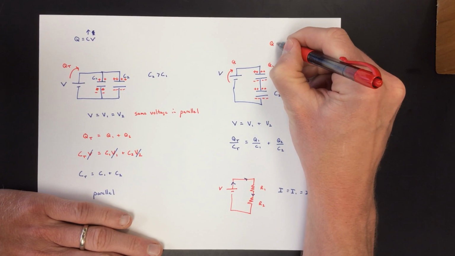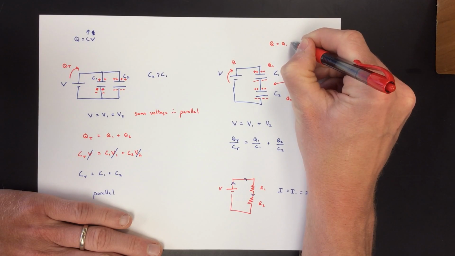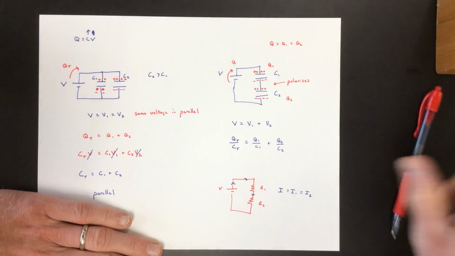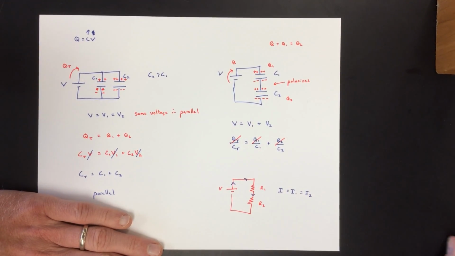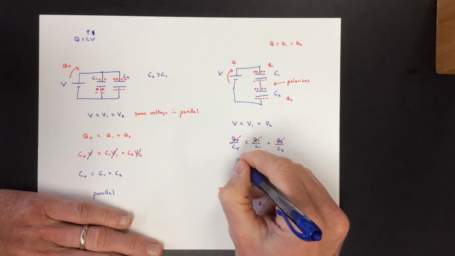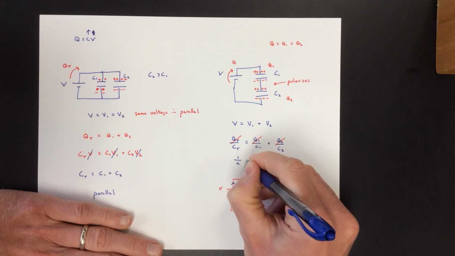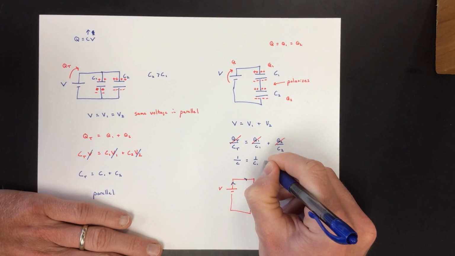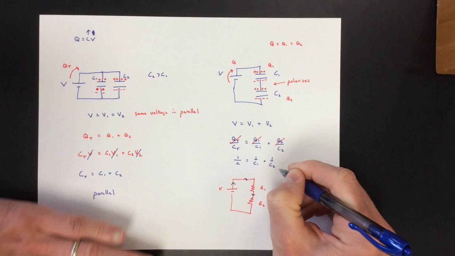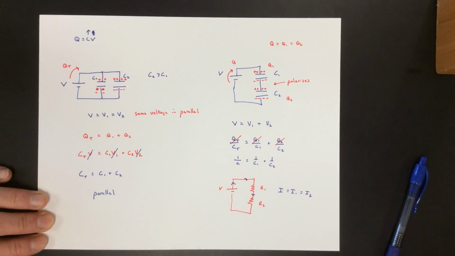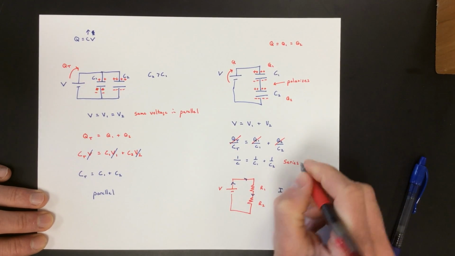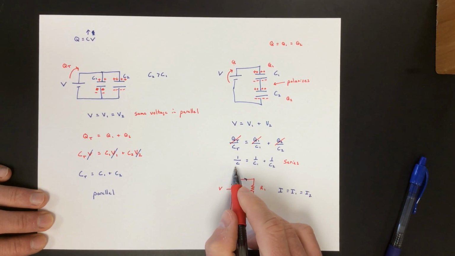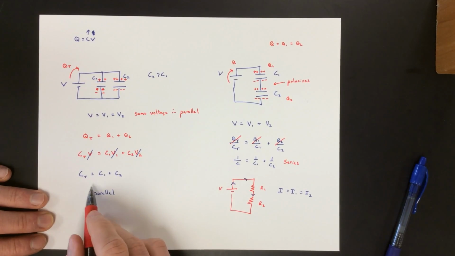Q equals Q1, which equals Q2. And so then you can say those things are all equal, and then they cancel, and you're left with the expected result that the total capacitance is indeed 1 over C1 plus 1 over C2, and now I've derived exactly that. In series, the inverses of those capacitances add to find the total capacitance. In parallel, capacitors just add.